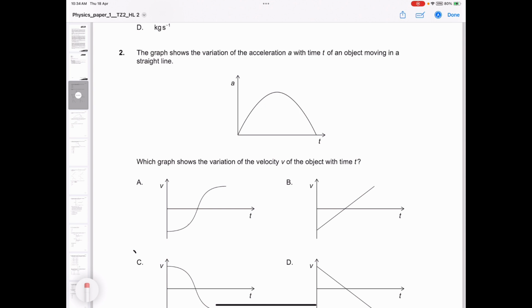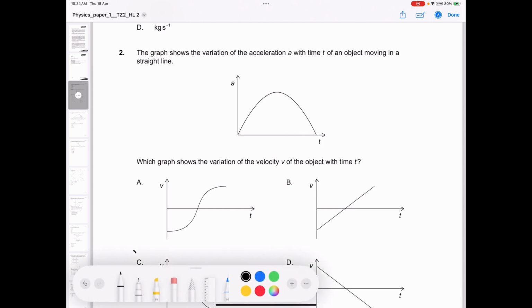Option A, the velocity at t equal to 0, is this horizontal line here. And as we see, as t increases, the gradient increases positively. So this corresponds to our first half of the graph here.